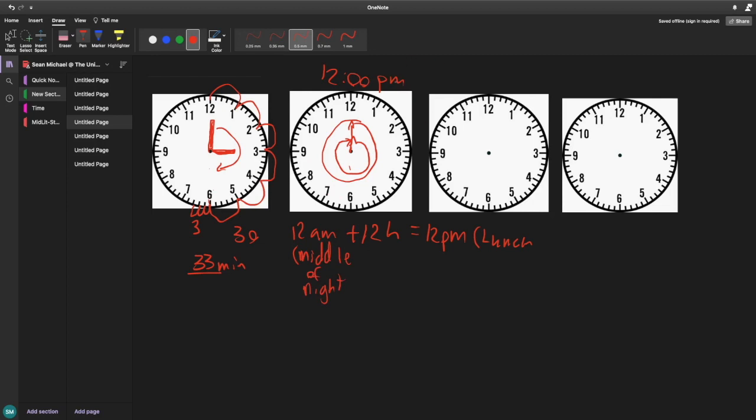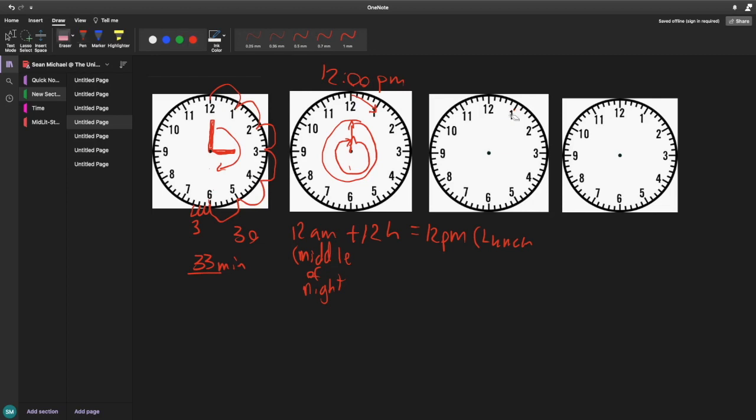So you have this 12 p.m. and 12 a.m. And as you get past 12 p.m., every hour you go is just 1 hour past midday. And so you just have 1 o'clock p.m. So 1 p.m. is here, and this is when we normally go out for recess, right?